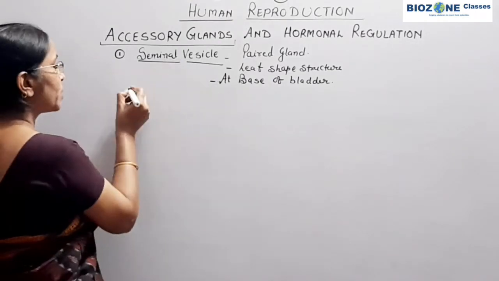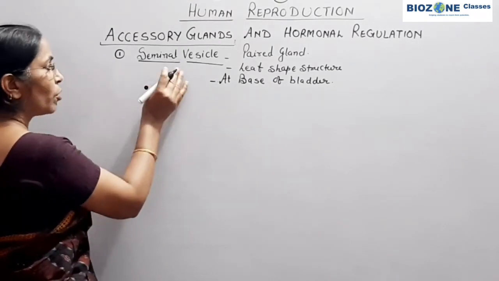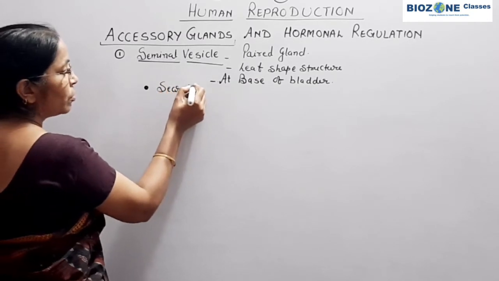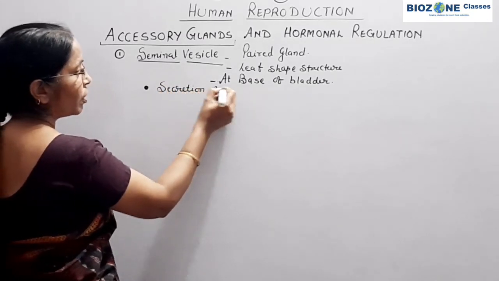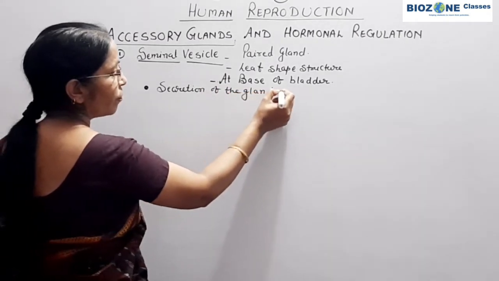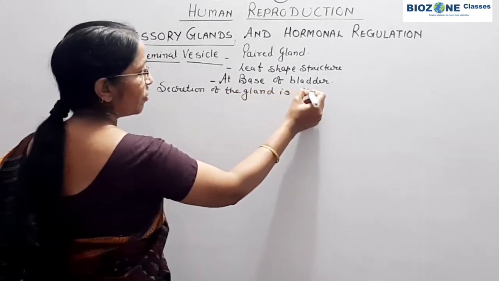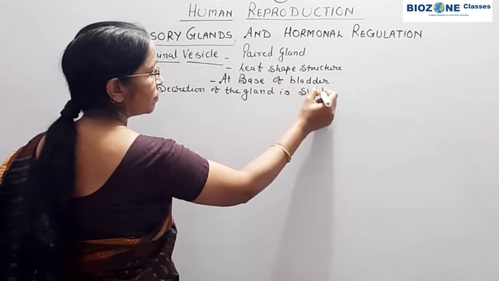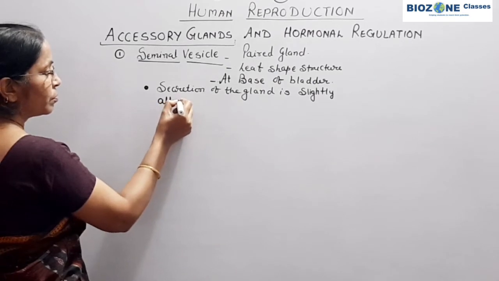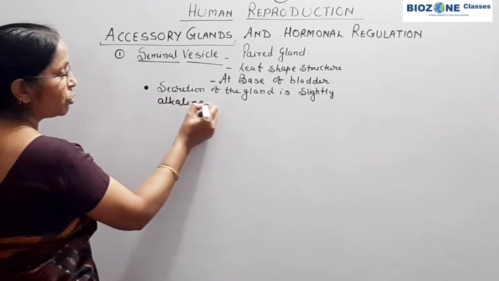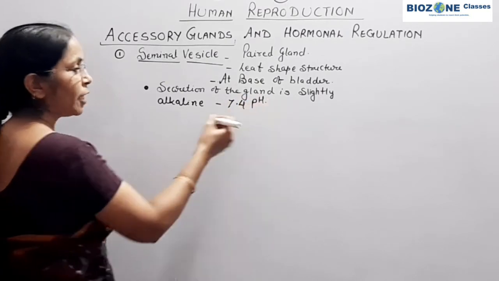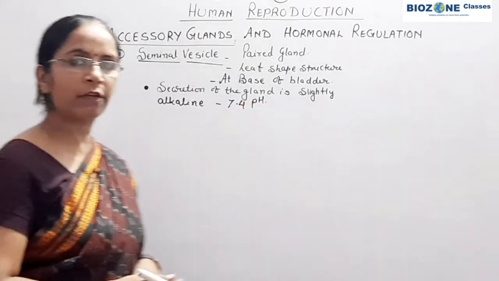When we come to the secretions, the secretion of the gland is slightly alkaline, with a pH of 7.4. Remember the pH mainly for the objective exam.